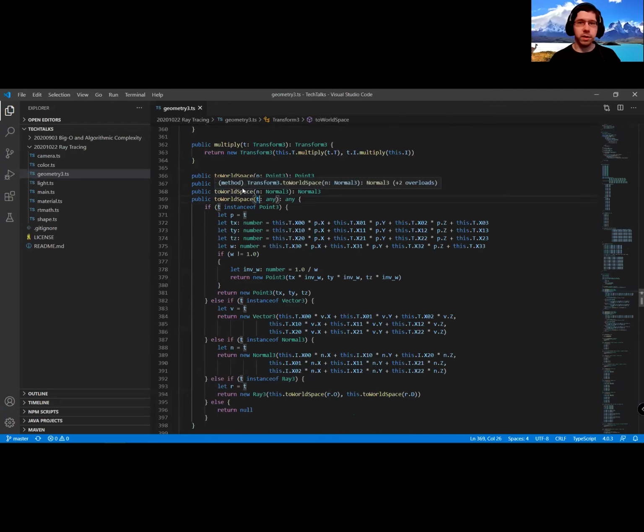Out of curiosity, how else is TypeScript used besides for rasterization? What other applications has it been used in? Oh, TypeScript's used all over for web development. It's probably the most popular. Really? I don't think I've seen any other people use it for graphics algorithms, but yeah, it's very popular for web development.